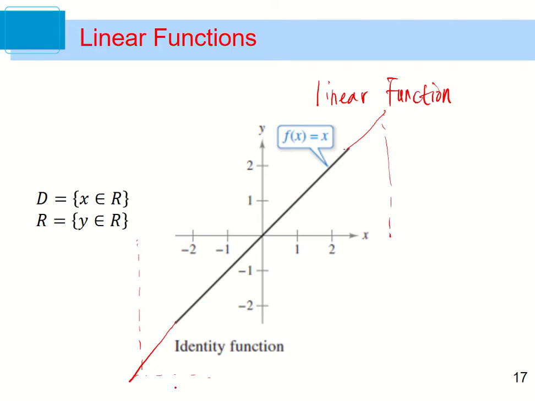Therefore, the output also can be any value, so y is also a member of the real numbers. The highest and lowest values can be any value. So for a straight line, the domain and the range are members of the real numbers.